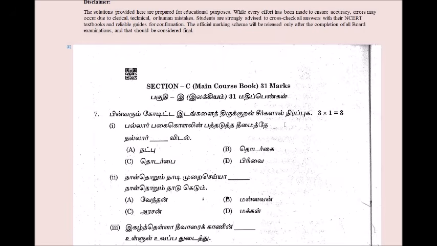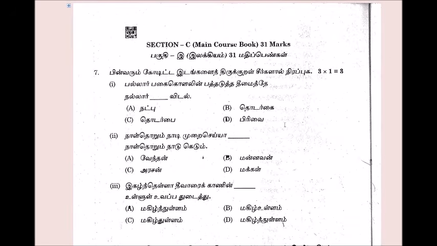Section C, main course book, the 7th question. First question, option is B. And the second question, again the option is B. And the third question, the option is A.